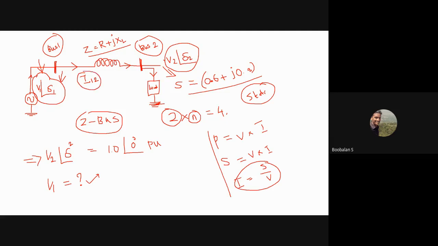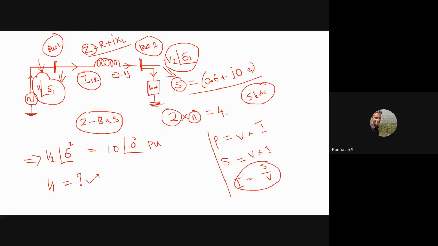Here we have V2 as a known value, S as a known value, and let us consider the impedance to be very low, for example 0.1j. So we have these three values: V2 is already known, S is known, and the impedance is known.